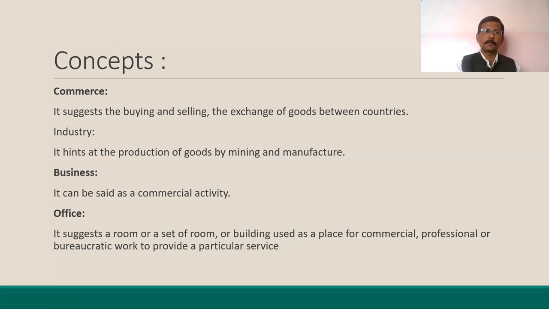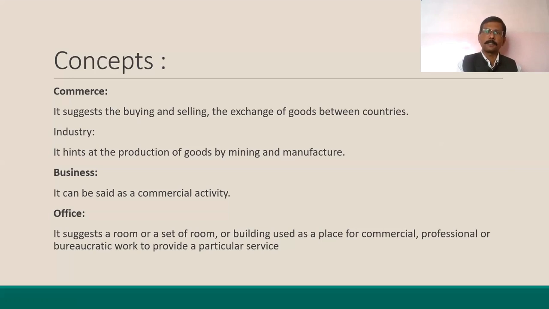Then there's another concept called industry. It hints at the production of goods by mining and manufacture. By mining, you have gold mines, coal mines, and other things. You have to dig and extract the product, then refine and process it, and after that you'll get the refined product: diamonds, coal, gold, silver, like this.